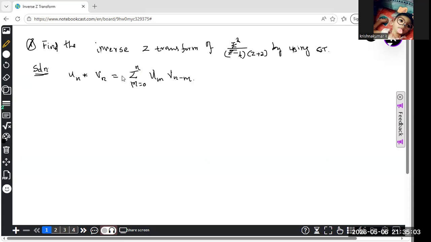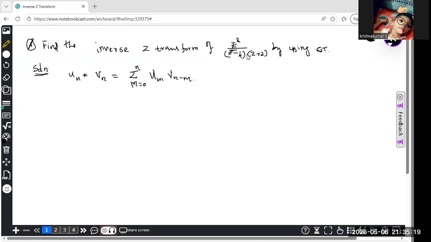So this is the definition of convolution of two functions. Now we are going to use this convolution to find the inverse Z transform of this function.